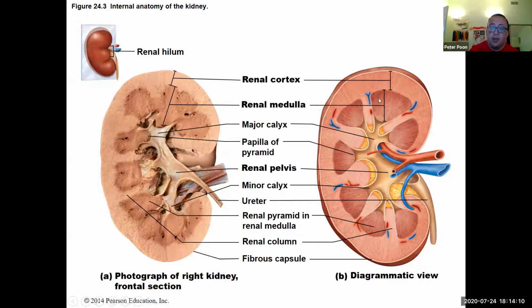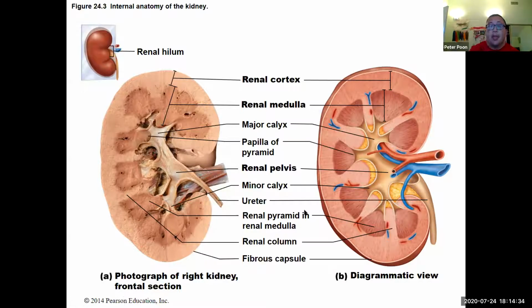This part is the renal medulla. The medulla consists of triangular shaped things called pyramids. In between the pyramids are the renal columns, which are in reality an extension of the cortex, but they're located in the medulla.